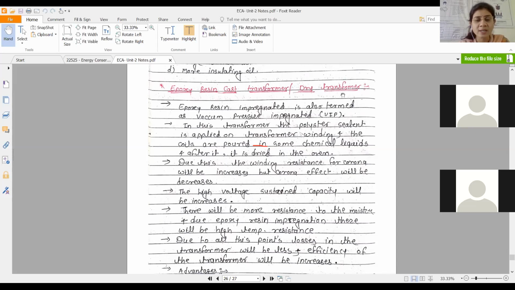So as we know that in the conventional transformer there is the oil tank which contains the insulating oil, or that oil can be used for the insulation purpose, or another purpose of that oil is for the cooling purpose. Okay, but in the epoxy resin cast transformer, or we can say the dry type transformer, epoxy resin material is used.